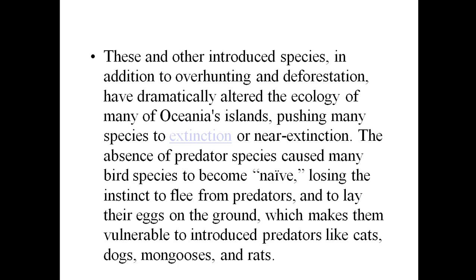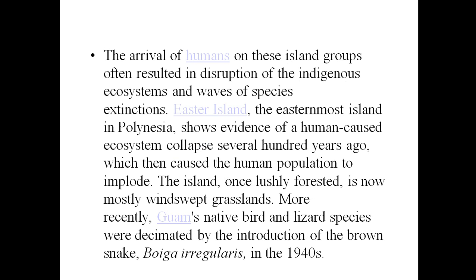Another very interesting thing, the absence of predator species. The birds have become tame, losing the instinct to fly from predators. And mostly they lay their eggs on the ground. But now what has happened? There are many introduced predators now, like cats, dogs, mongoose, and rats. They can easily prey upon these organisms.